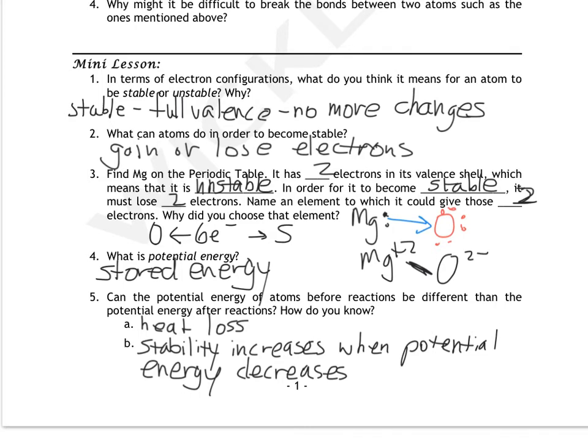But I also mentioned that when you put something through a chemical reaction and then that reaction stops, it's because it's no longer going through any changes, and we just said that that means that it's stable. So stability is increasing over the course of a chemical reaction, especially if the energy is decreasing. So I wrote down: stability increases when potential energy decreases, or you could think of it as stability increases when heat is lost.